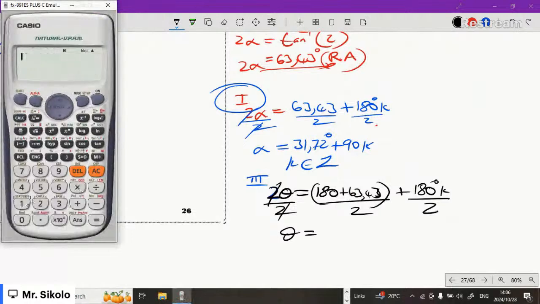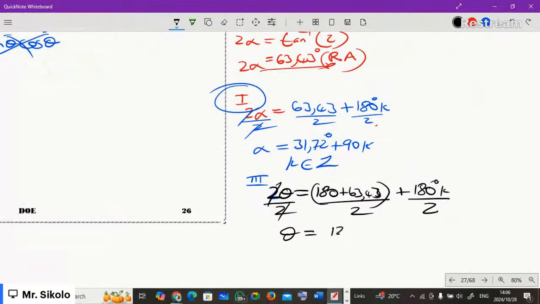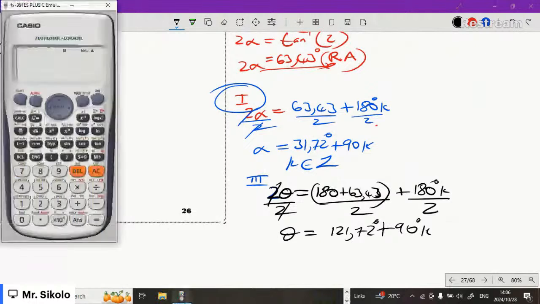So it's going to be 90 plus, it's supposed to be 121.72 here plus 90 degrees K. But when I prove on a calculator, maybe mental maths is not on point.